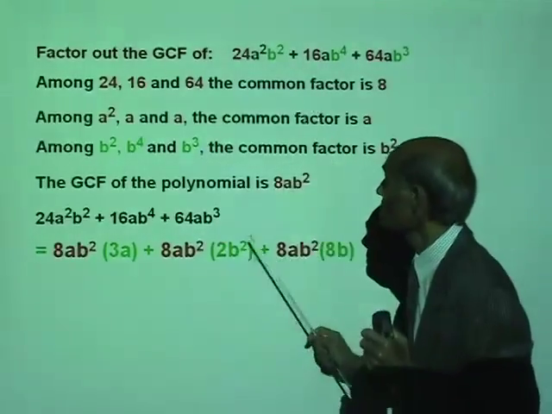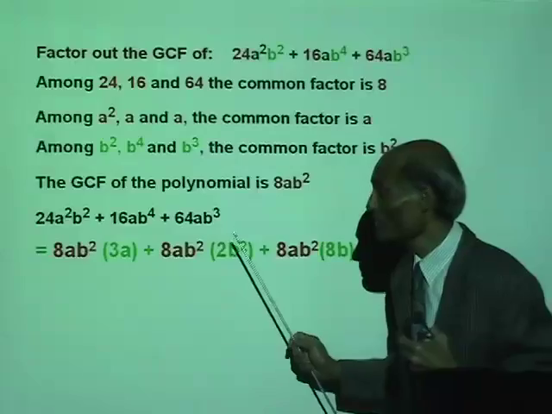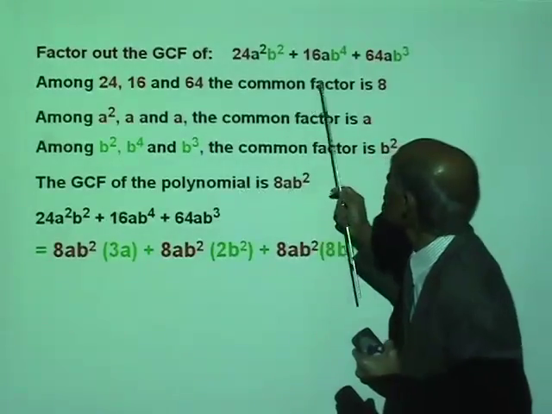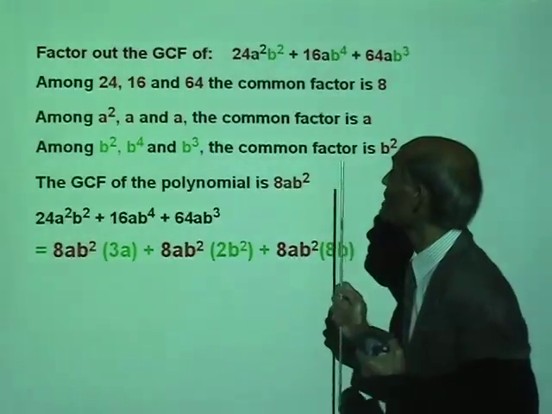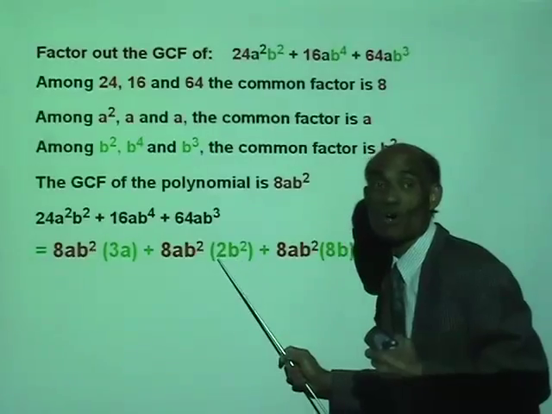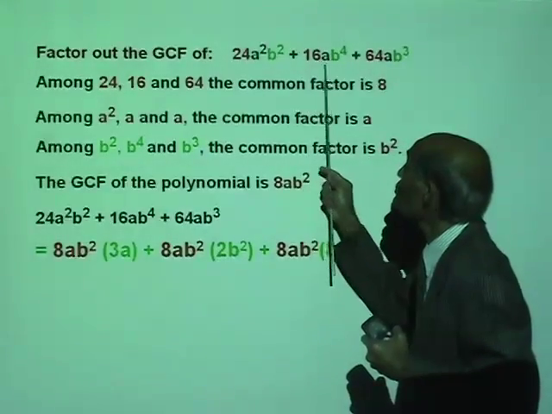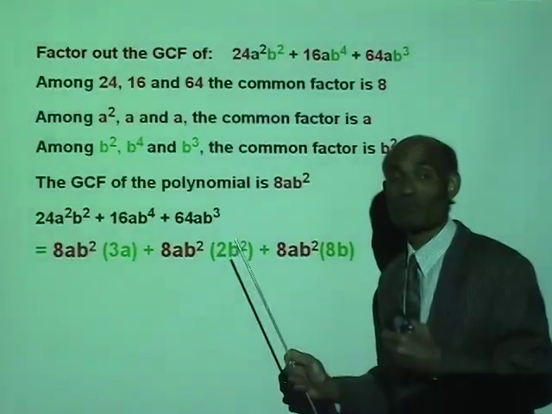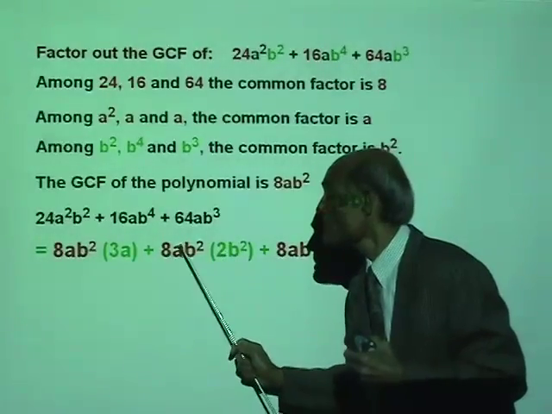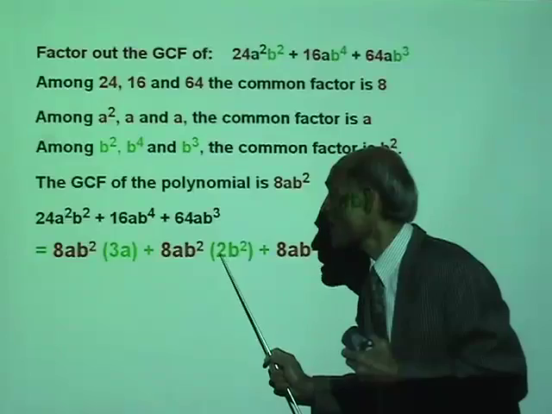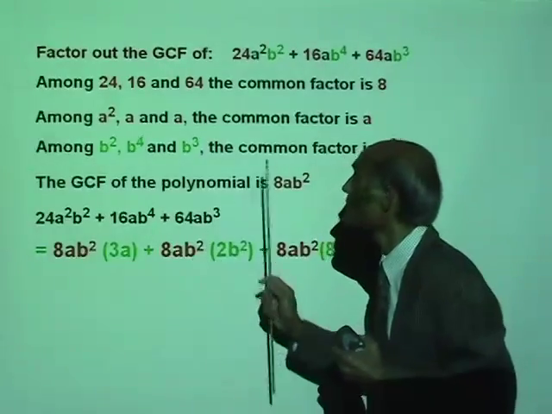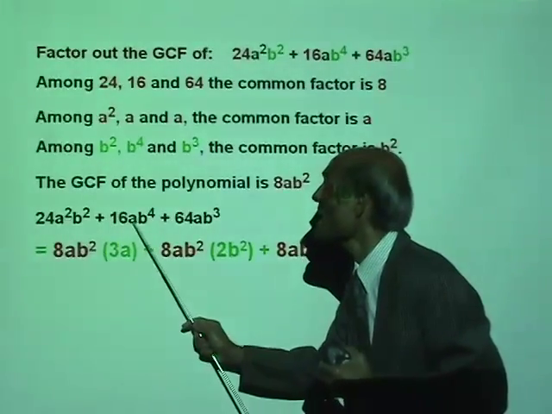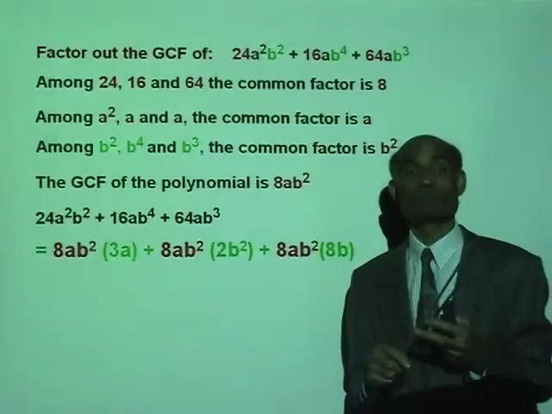So that 1 will not make any difference. b squared times b squared is b to the 4. So what is remaining in the second term is 2b squared. Are you following me? 8ab squared times 2b squared is 16ab to the power of 4.